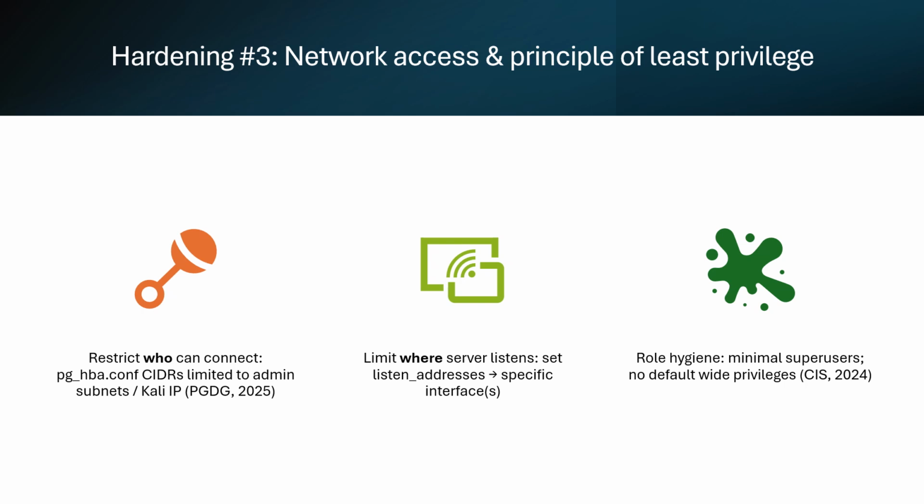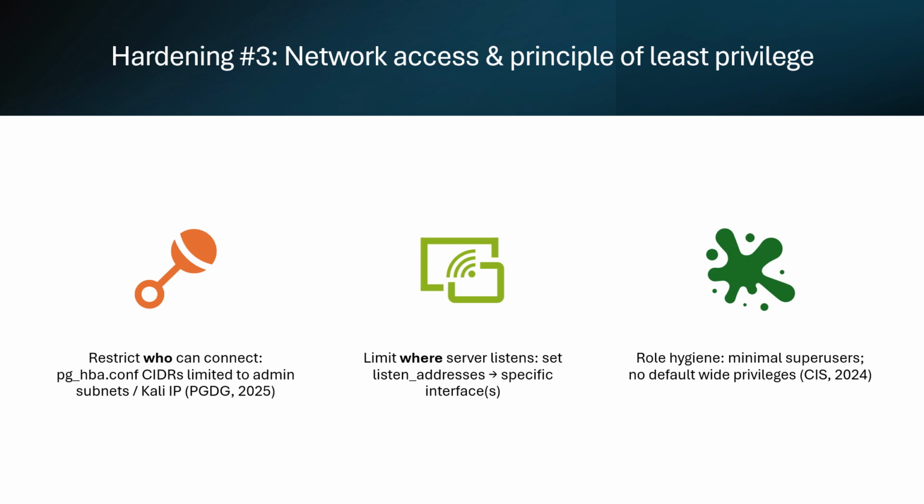Even if the port is open, you should strongly limit who can access the database. In pg_hba.conf, specify exact CIDR ranges, ideally only your Kali test box or administrative IPs. After testing, narrow listen_addresses so PostgreSQL only binds to internal interfaces.